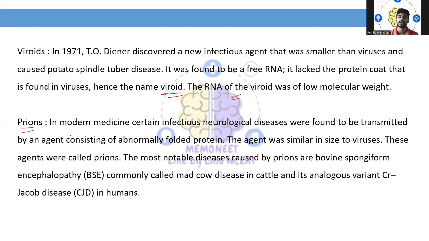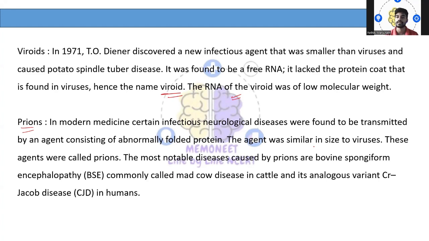So these agents were called prions. The most notable disease caused by prions is bovine spongiform encephalopathy, that is BSE, which is called mad cow disease in cattle.